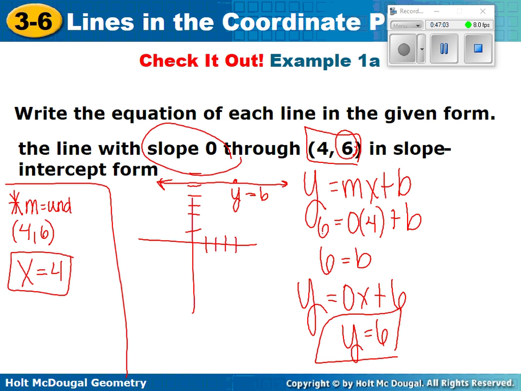Write an equation of a line parallel to x equals 3 that passes through (2, 4). Write an equation of a line parallel to x equals 3 that passes through (2, 4). And you shouldn't have any work to show. You should just be able to write the answer.